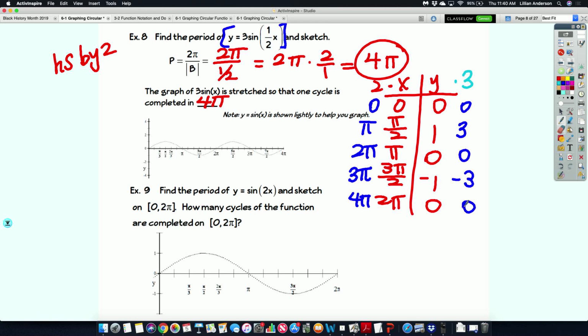The blue are my points that I plot. So that's 0, 0, pi 3, 2 pi 0, 3 pi -3, and 4 pi 0. So not only is it a vertical stretch, it's a horizontal stretch as well.